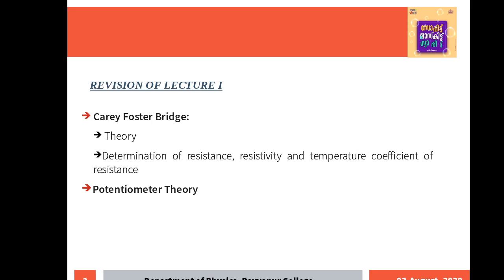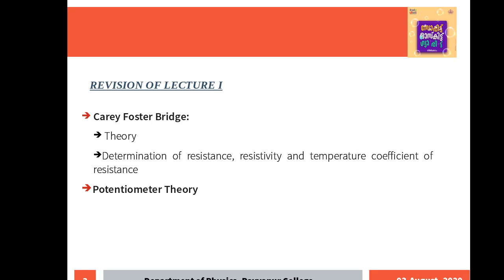Using that we find rho is equal to R divided by L3 minus L4, where R is the resistance value which we took in the standard resistance. So instead of R, we can put 0.1 divided by L3 minus L4, where L3 is the balancing length we got when we put the strip in the left gap, and L4 is the balancing length we got when we put it in the G4 gap, or right side gap.